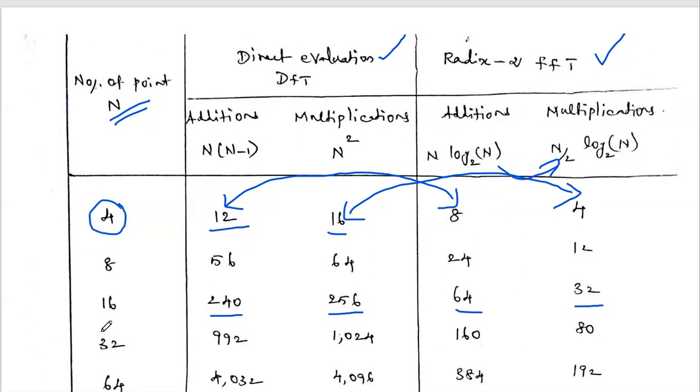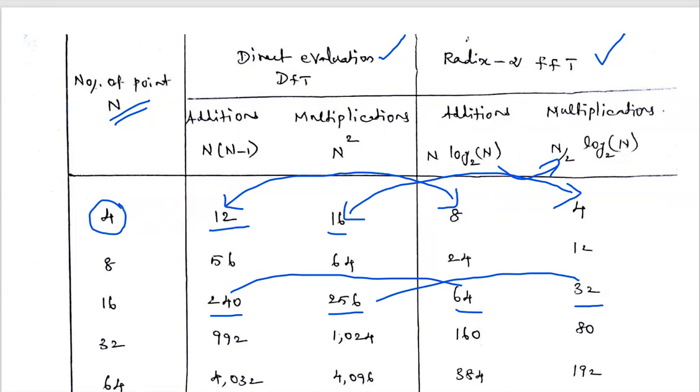So when we are increasing this capital N value, there is a far difference between the computations. You see the number of additions is 240, but in the FFT algorithm only 64. The multiplications are 256, but here reduced to only 32.